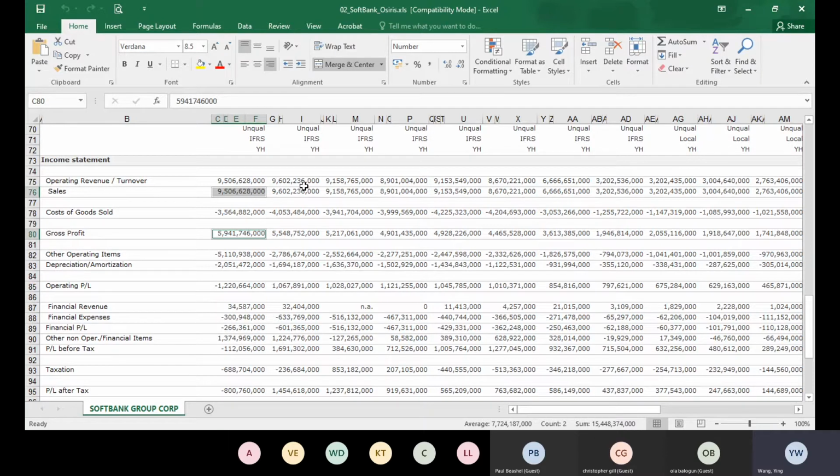You can compare with the other years. So that goes this way, right? The change goes the vertical way. So that's vertical analysis.